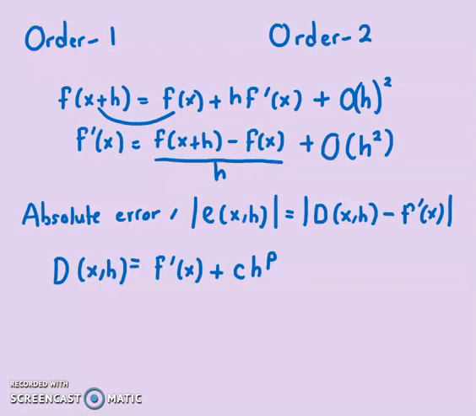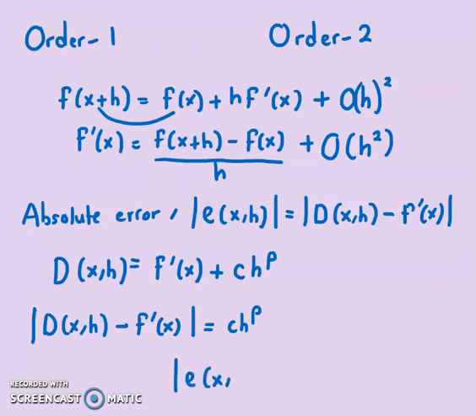Now since D(x,h) minus f prime x is C h^p, therefore my error E(x,h), which is this minus this, gives me C h to the power of p.